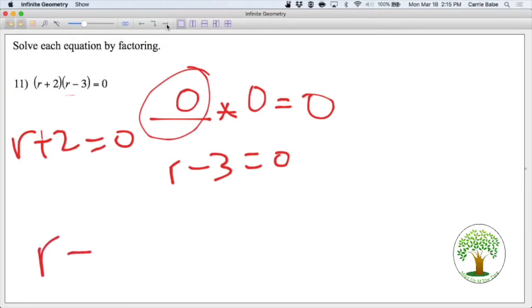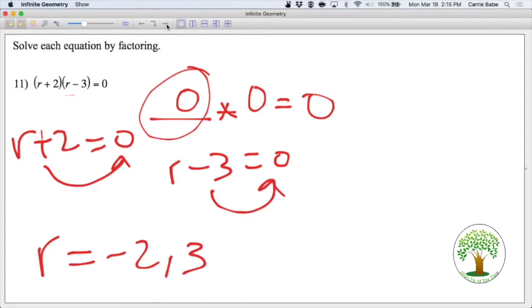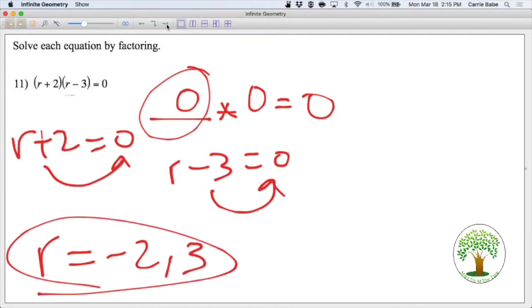Negative 2. Or we could have subtracted the 2 to the other side. What minus 3 gives you 0? Or add the 3 to the other side. We'll have 2 answers for this. I hope that you can look at this and not have to do this intermediate step here and just jump to the answer.